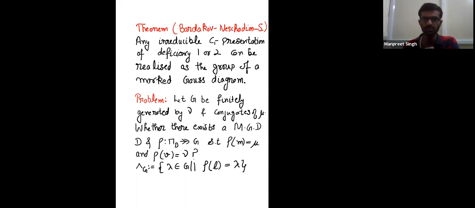I am not going through these things in detail, but basically it is simple. For the meridian, we just take an arc over the Gauss diagram as a meridian, and then we move along the arc, move along the circle in the Gauss diagram. And for each arrow and node, we add some kind of words, and then we write the longitude in terms of that.